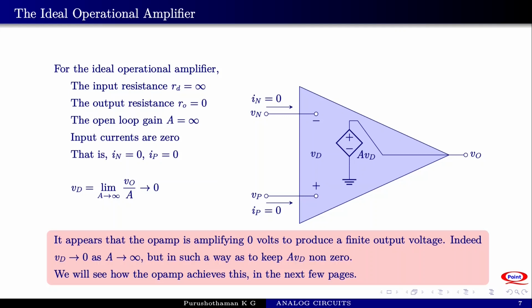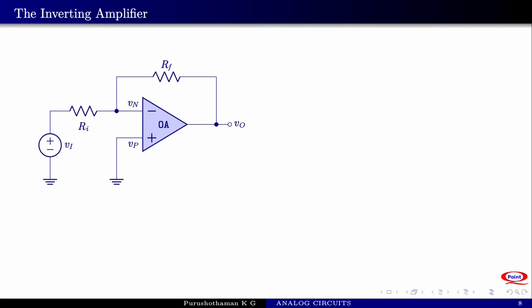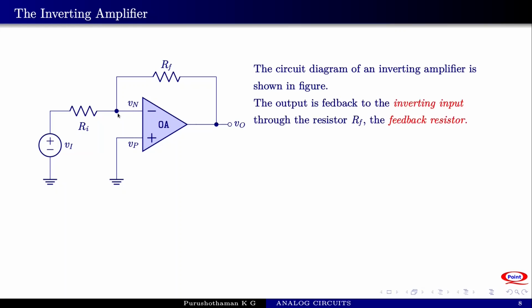For that, we consider the inverting amplifier using an operational amplifier. This is the circuit diagram of an inverting amplifier. You can see a feedback connection from output to the inverting terminal of the operational amplifier. The output is fed back to the inverting input through a resistance RF called the feedback resistance.